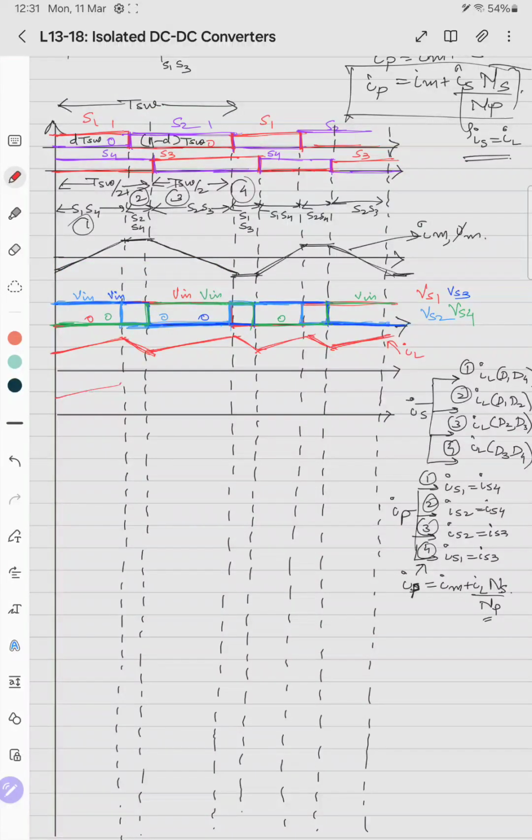It will be somewhat like this, and this value will be Im plus IL into Ns by Np. In other cases it is 0.